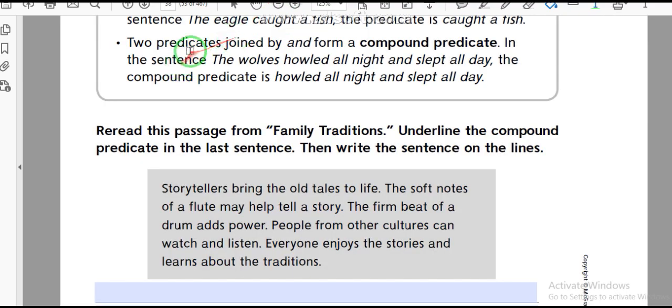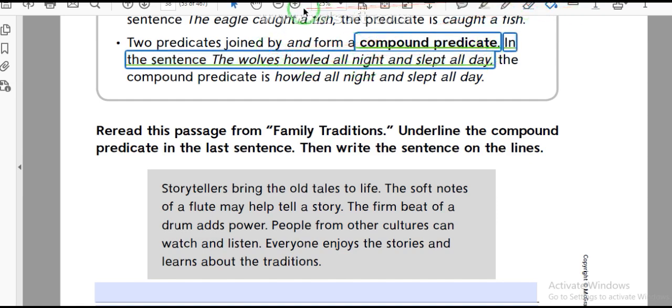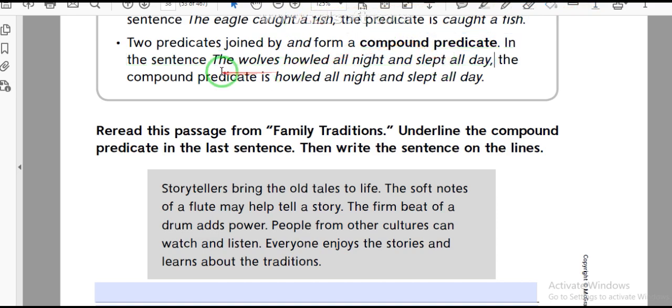Okay, so as I told you before, the compound predicate is when we have two simple predicates in the complete predicate, when we have two verbs. For example, in the sentence, the wolves howled all night and slept all day, the compound predicate is howled all night and slept all day.